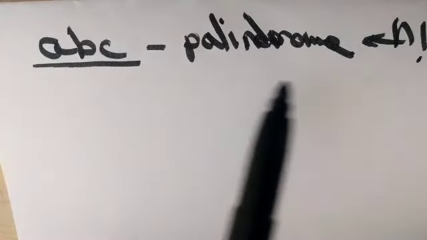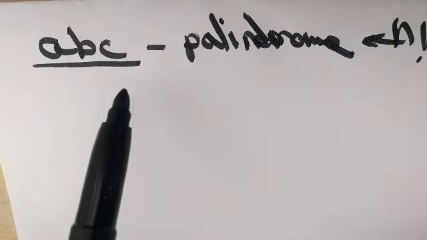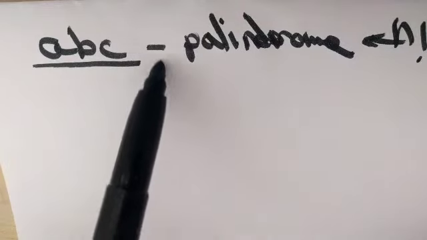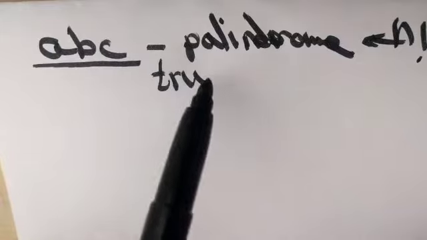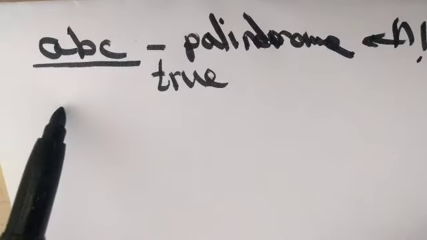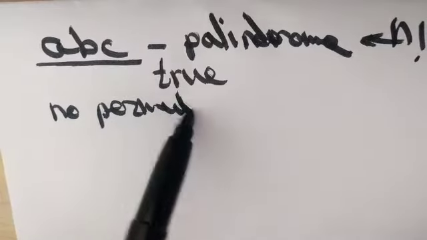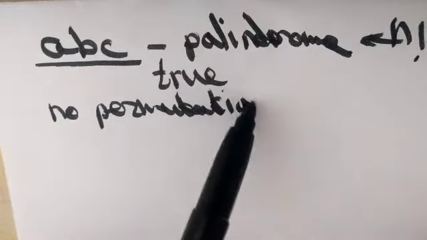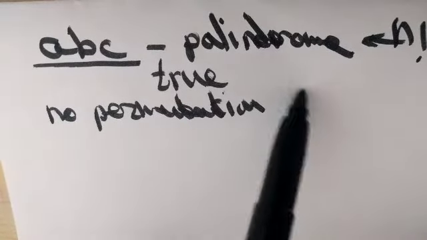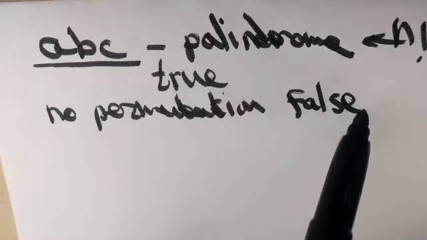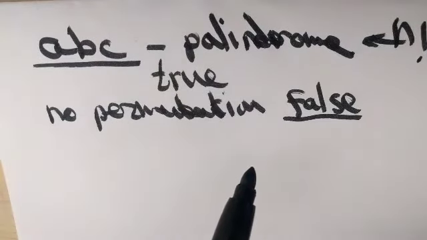If it is enough for one permutation to be a palindrome, then you return true. If no permutation is a palindrome, you return false. Okay?